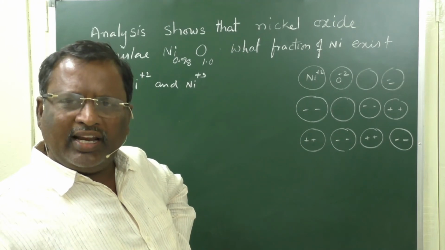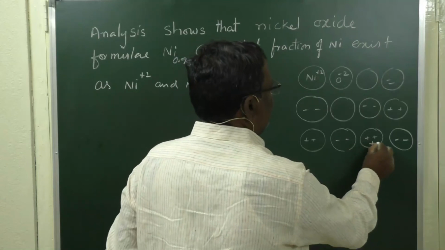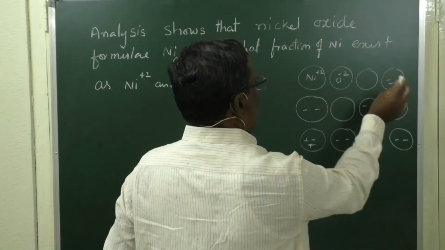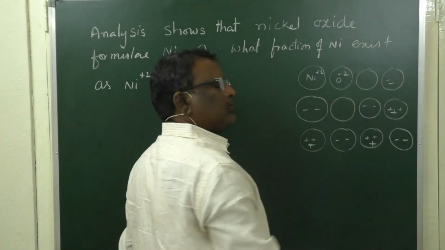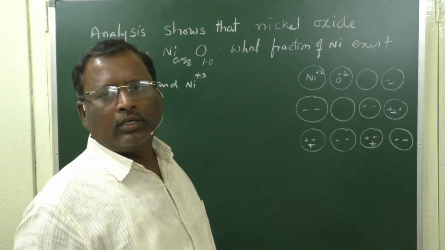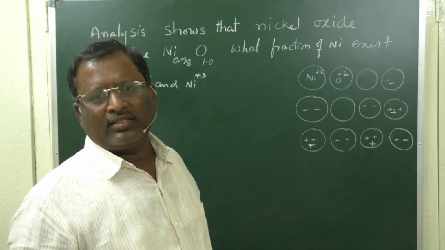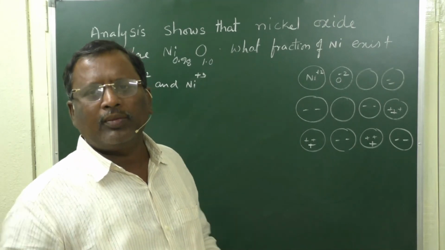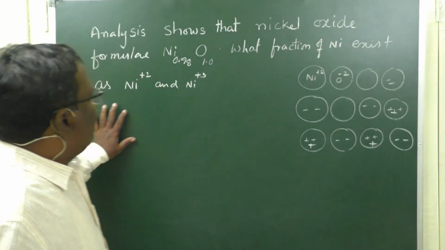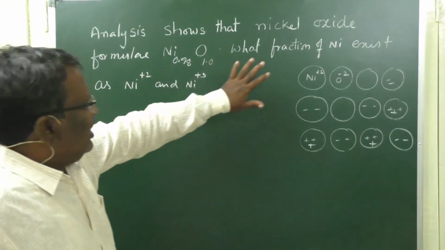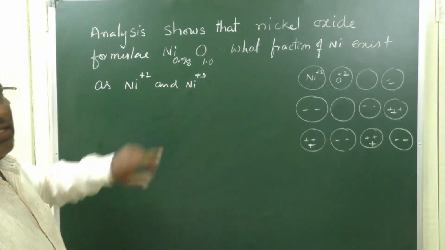To maintain that electrical neutrality, some of the positive ions are converted into tripositive ions because of this defect. So, what percentage of dipositive ions are converted into tripositive ions? They are asking this only. What fraction of Ni exists as Ni+2 and Ni+3?